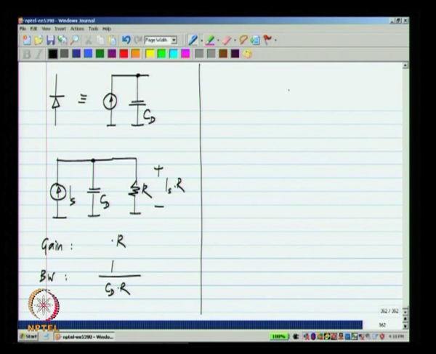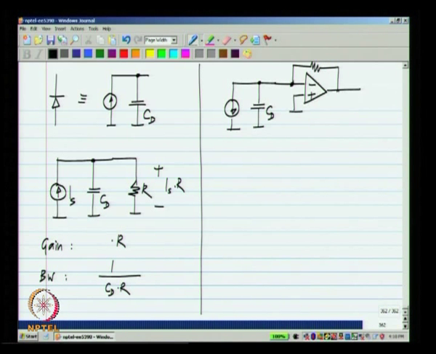Now, I have my new circuit, which I think is an improvement. Instead of having a resistor directly across the photodiode, I will use a current controlled voltage source. Okay. I s.